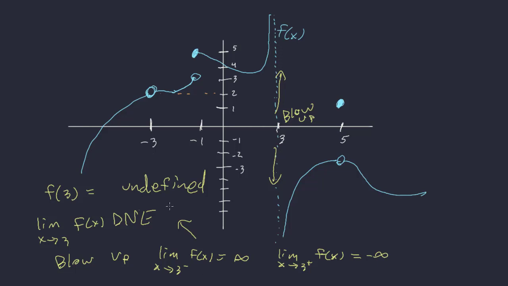Okay, so anytime you have a blow up, your function is going to be undefined, even if they match on both sides. We'll look at that example in another graph real quick, but essentially any sort of blow up is going to be not continuous.